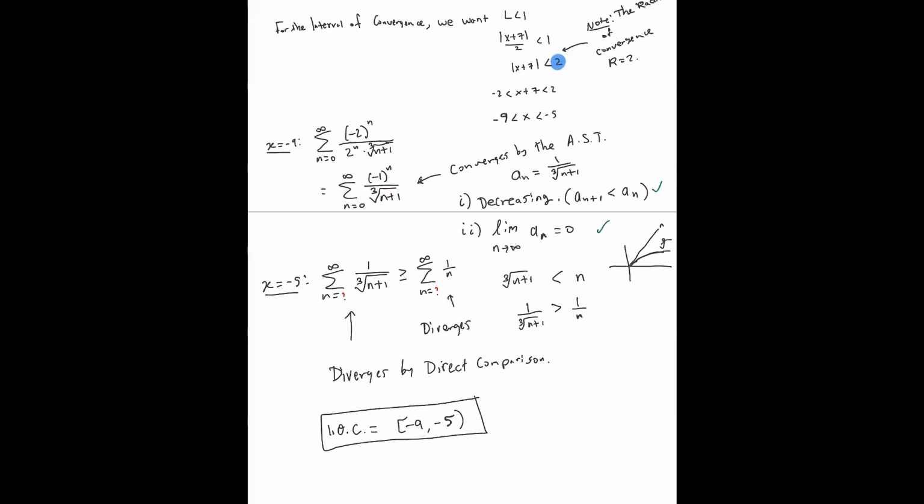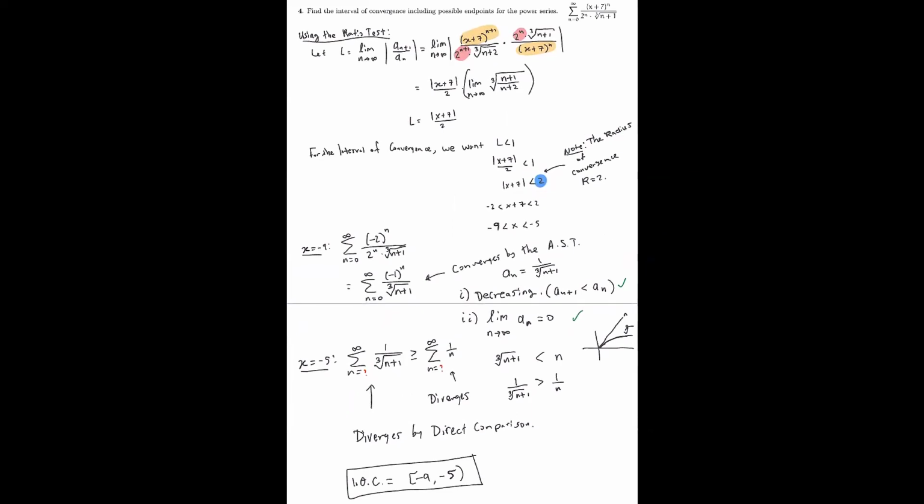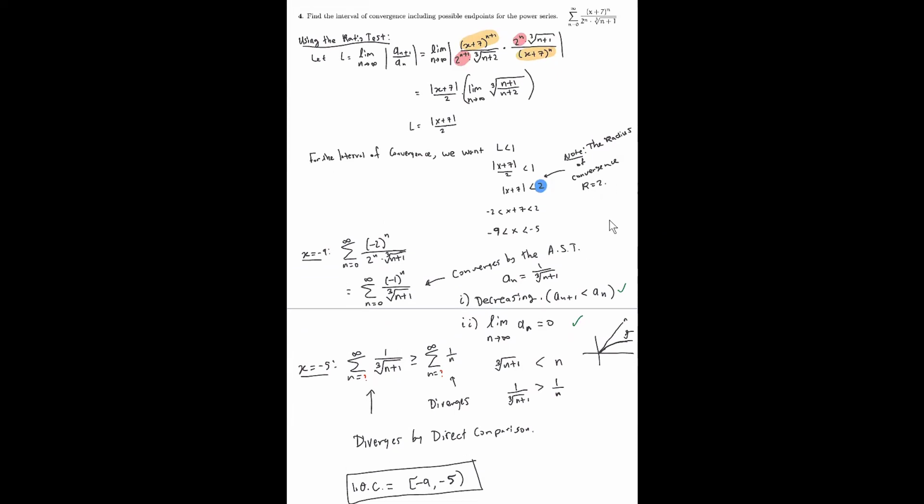Again, the question didn't ask us for the radius of convergence, but if it did, we have it here. The radius of convergence is r equals 2. If you find the distance between -9 and -5, the distance is 4, and you divide that by 2. So you get 2 as the radius of convergence. It's always half of the distance between the endpoints of the interval of convergence.